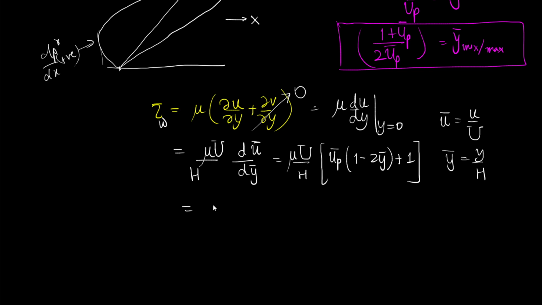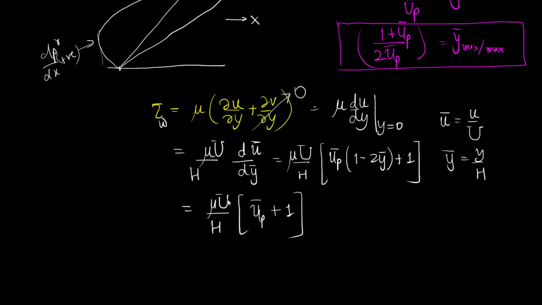So at y equal to 0, we have mu capital U by h times (up bar plus 1). At the top wall we will substitute y bar equal to 1, so you get the idea.